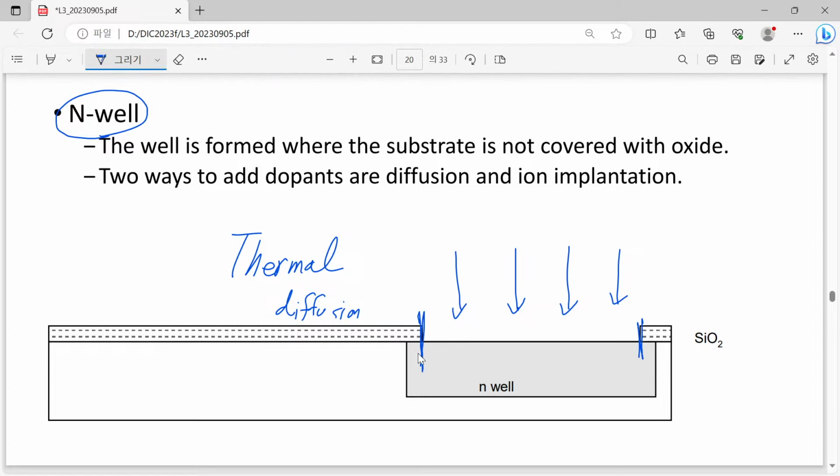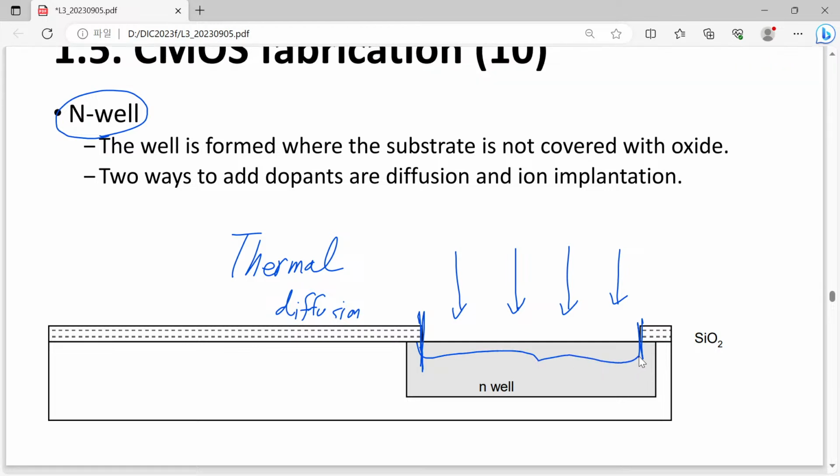Although your ion implantation has more or less a certain range like this, with slight diffusion or overlay here, thermal diffusion also introduces lateral diffusion. That's why we have an n-well slightly wider than the opening of our n-well. Okay, are you with me?